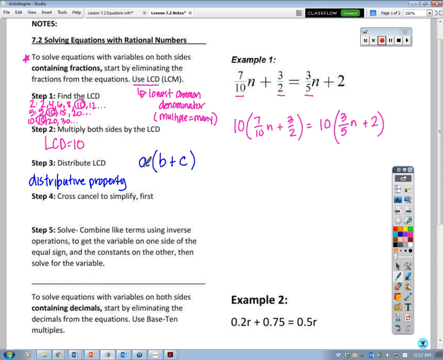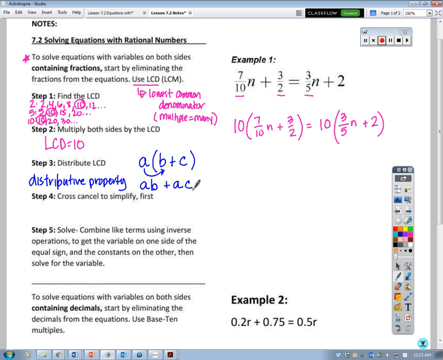So instead of A times the quantity B plus C, I can say A times B plus A times C, and that they are equal.